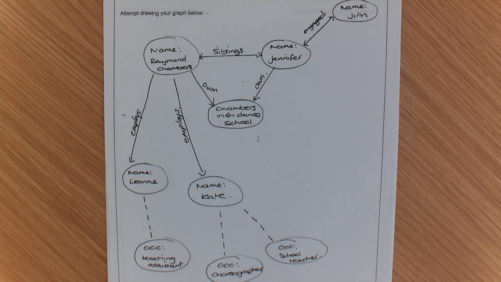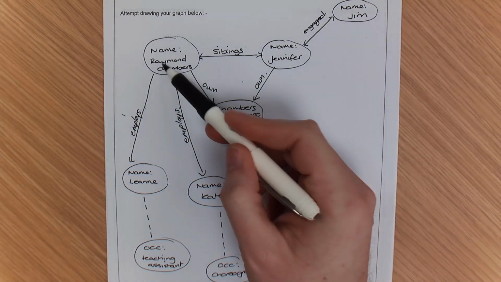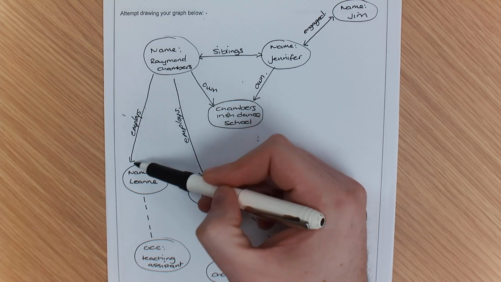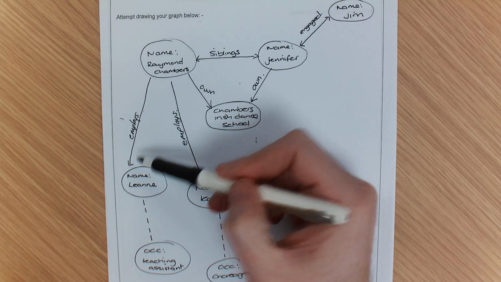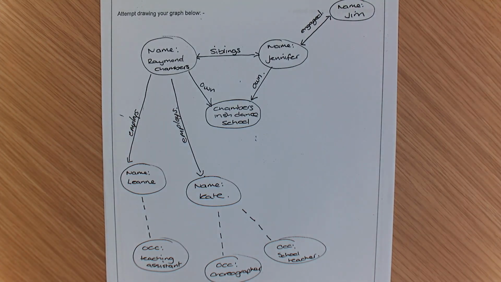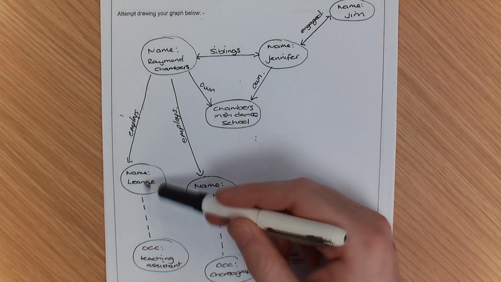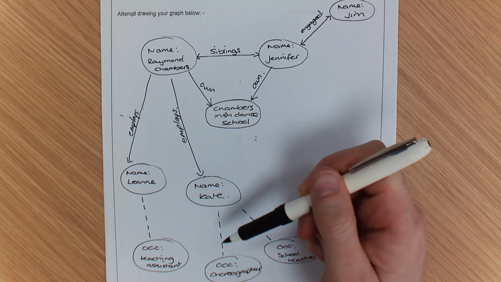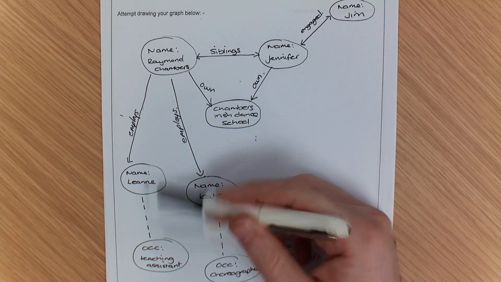There's no exact science to it, but you've got to be able to pull out those key relationships. Like here, I'm employing, that's why that arrow's gone that way. I'm employing Kate, that's why the arrow's gone that way. There's a loose relationship here because this person can have multiple jobs. It's not specific.